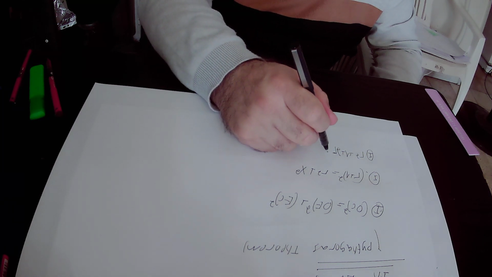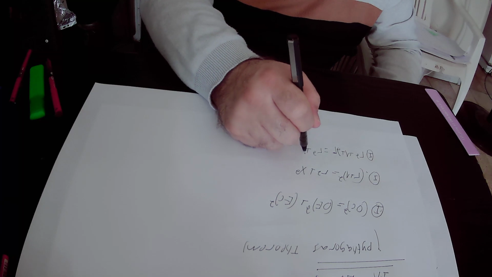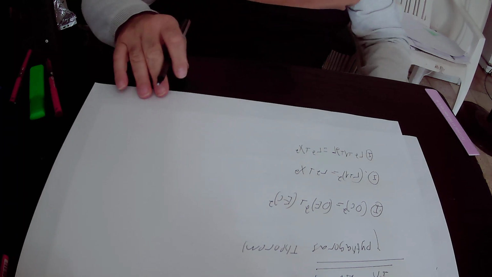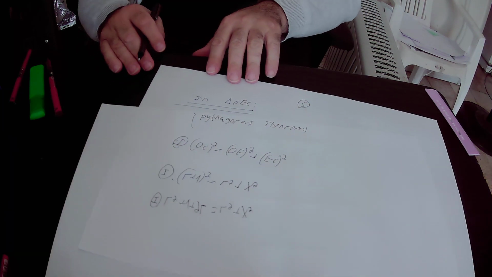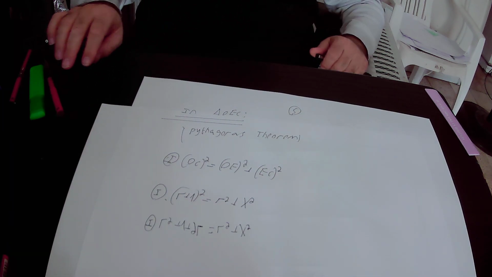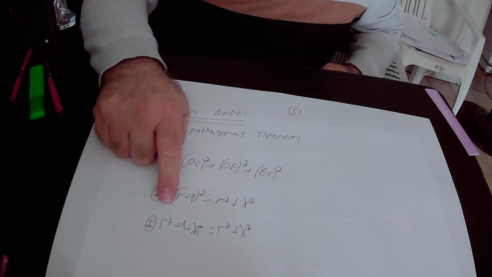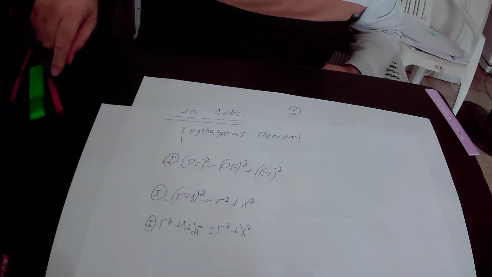So all equals R squared plus X squared. Okay, so we have this equation number 1. Here we have R squared on this side of equation number 1, and we have R squared on the other side of the equation.